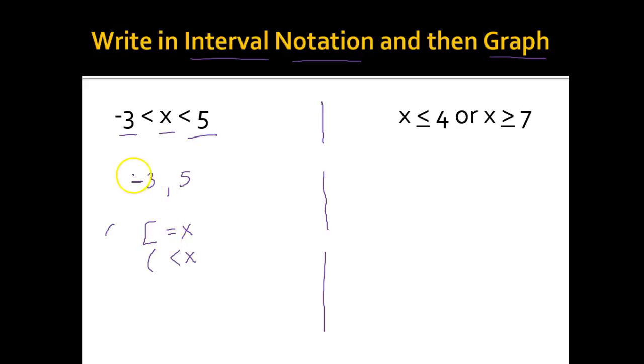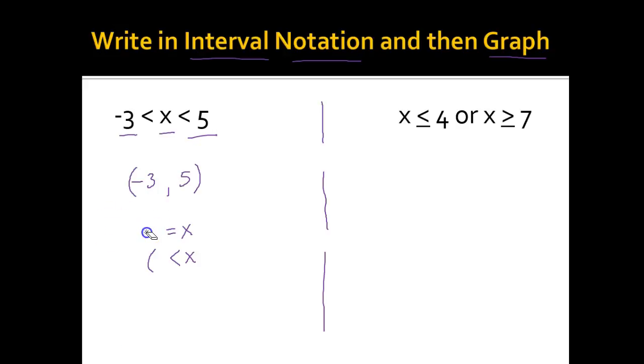So in this case, x is greater than but not equal to -3, so we're going to put a parenthesis around the -3, and x is less than but not equal to 5, so we'll put a parenthesis around the 5. So that interval notation is saying that x is some number between -3 and 5, but not including -3 and 5. So that's how that works.